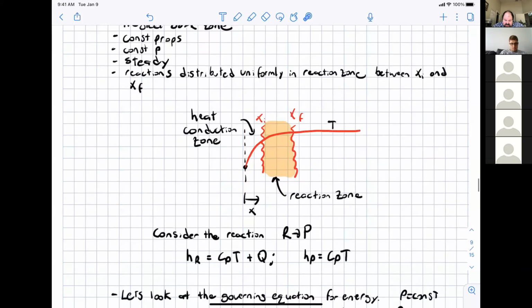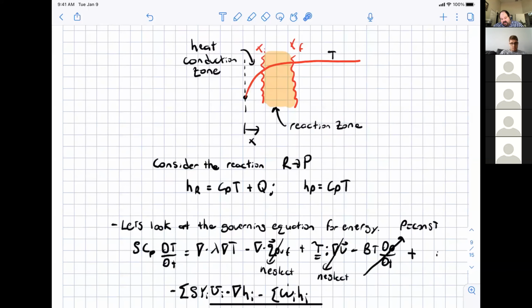We're also going to make the really grand approximation that our chemical reaction is just R goes to P, and the enthalpy of the reactants is just some Cp times T, or I'll say CpG, Cp for the gas phase species, times a temperature, plus an enthalpy of formation for the reactants, and the enthalpy of the products is just Cp times T. Okay. So are there any questions with this so far?